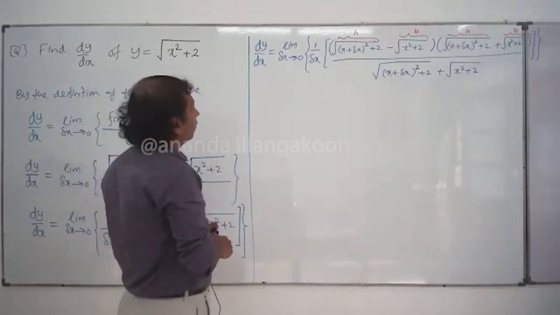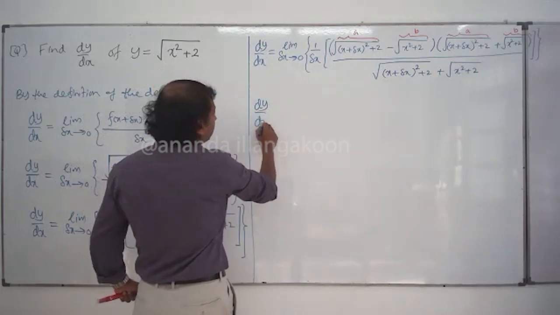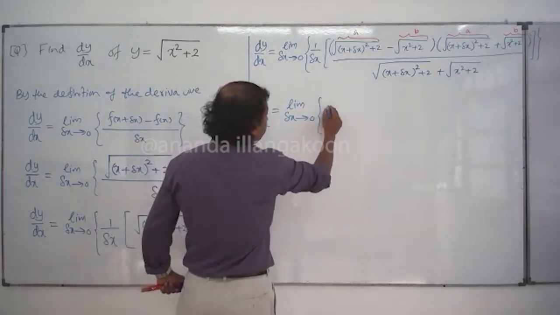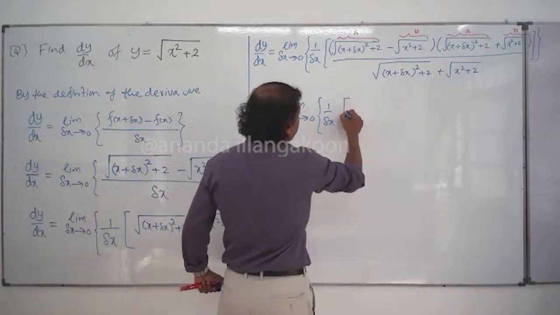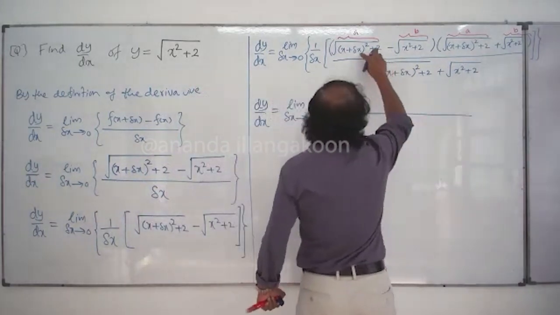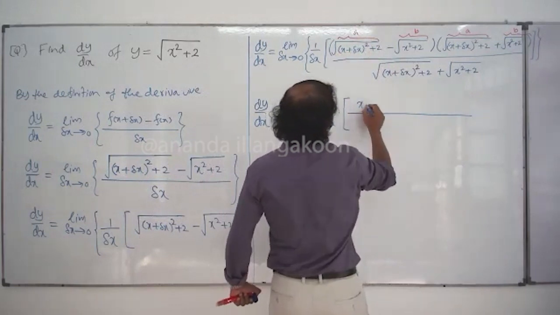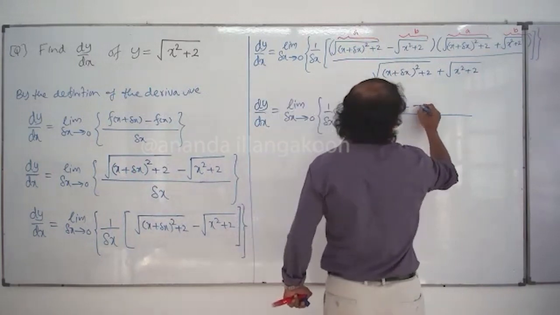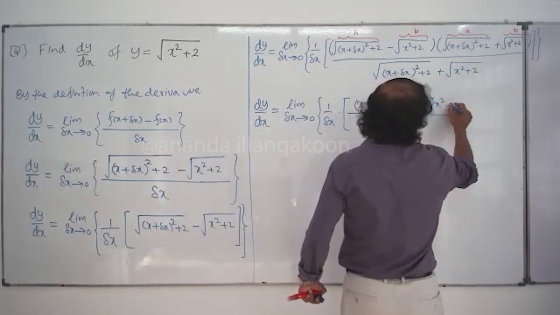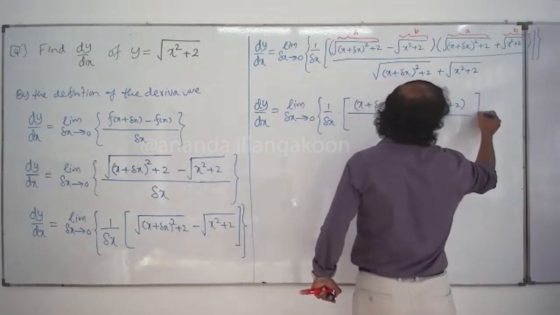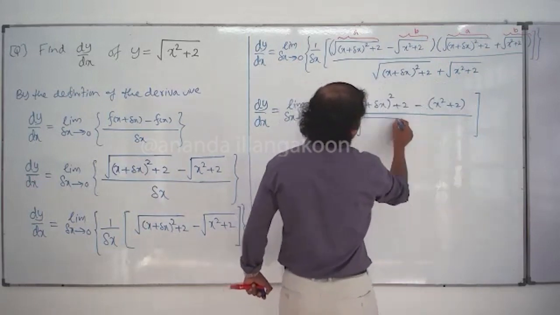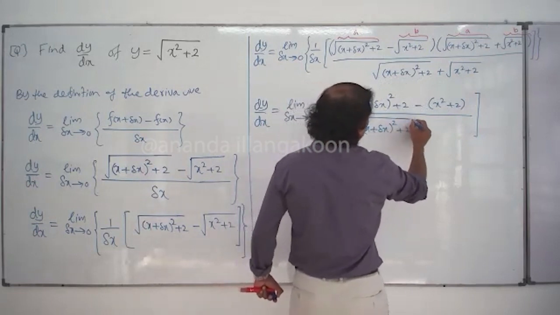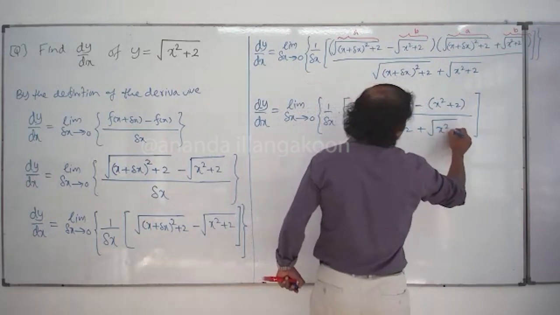Okay. So then we can write that one: dy by dx is equal to limit delta x 0, 1 over delta x, times the square of this, where the root will be eliminated: x plus delta x perfect squared plus 2 minus x squared plus 2, divided by these, people: root of x plus delta x squared plus 2, plus root x squared plus 2.